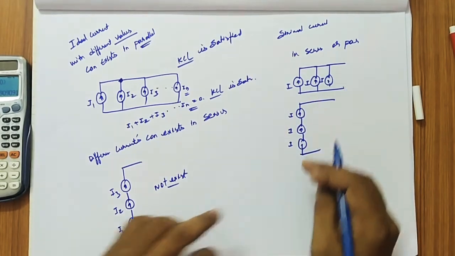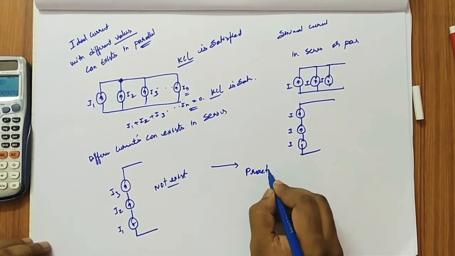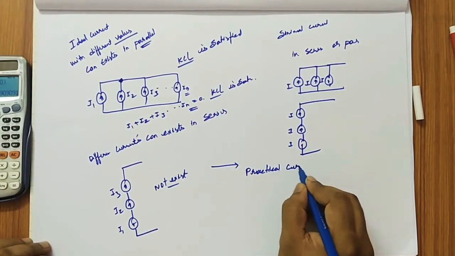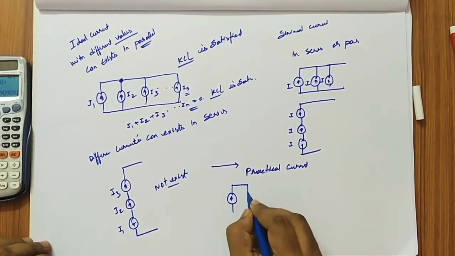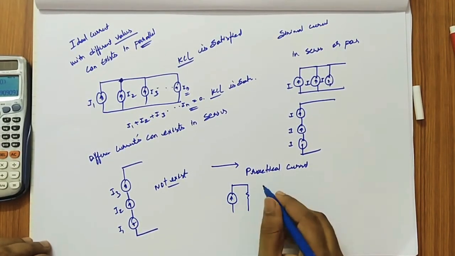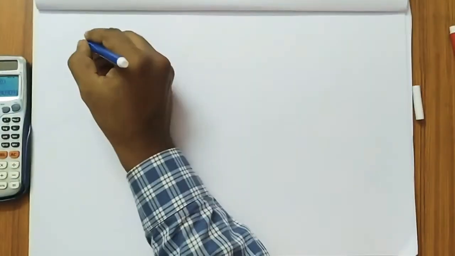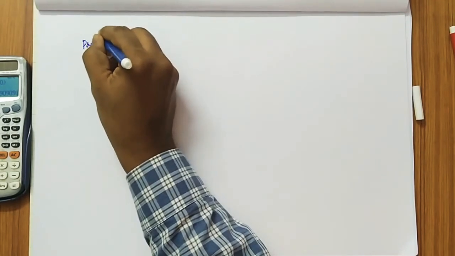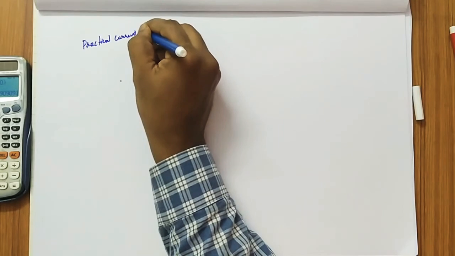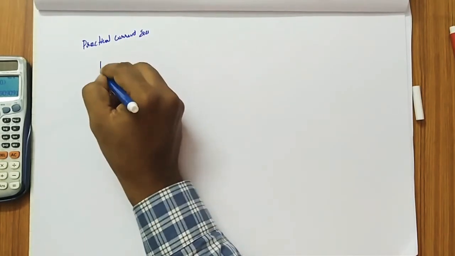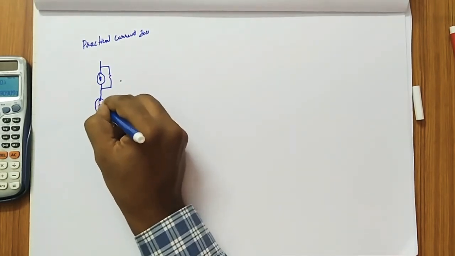Okay, now the case of practical current sources. What is a practical current source? Now I am representing the series parallel combination of practical current sources. This is one source, connected in series.